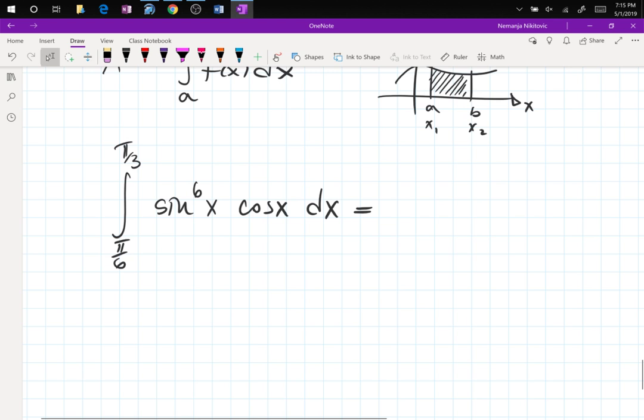So what's my u? Sine x, very good. U is sine x. And what's the du? Cosine x dx. Nice.